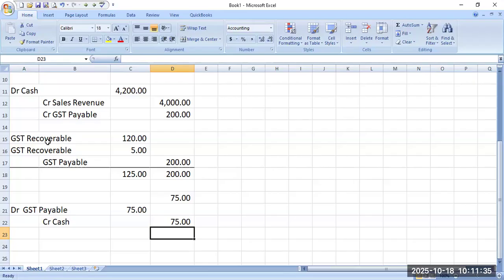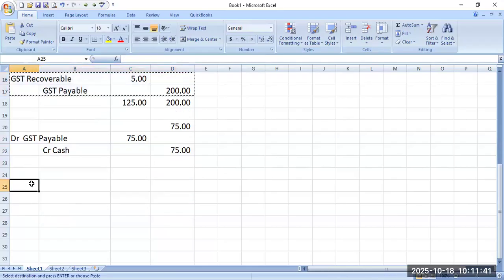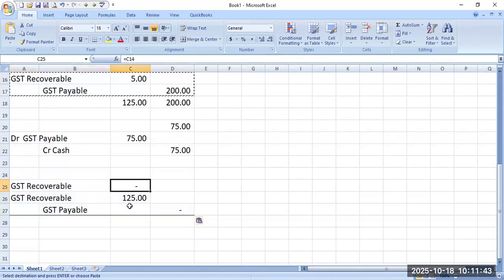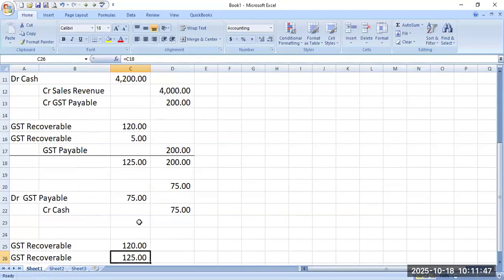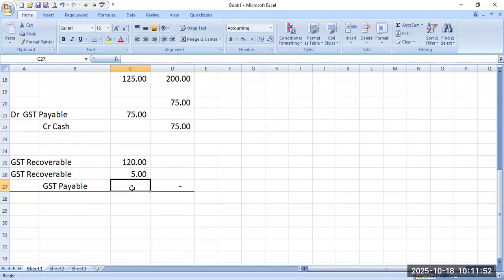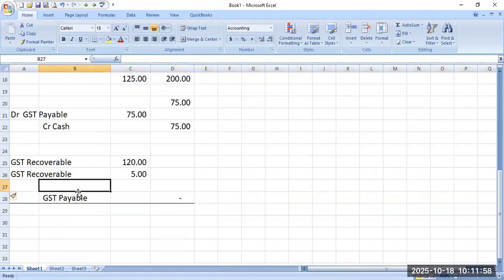So what's happened in that case? Same situation, but a little bit different because we're gonna have here 120. Then we're gonna have those 5. 125 is the total. But I want one line here, and then I have GST payable.